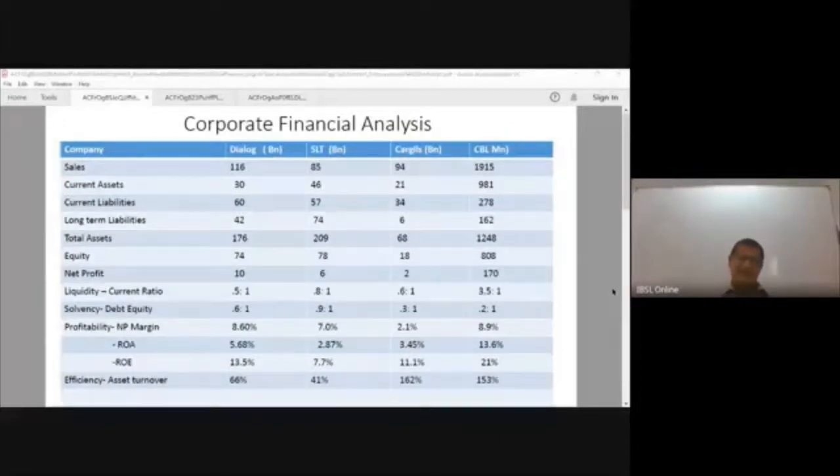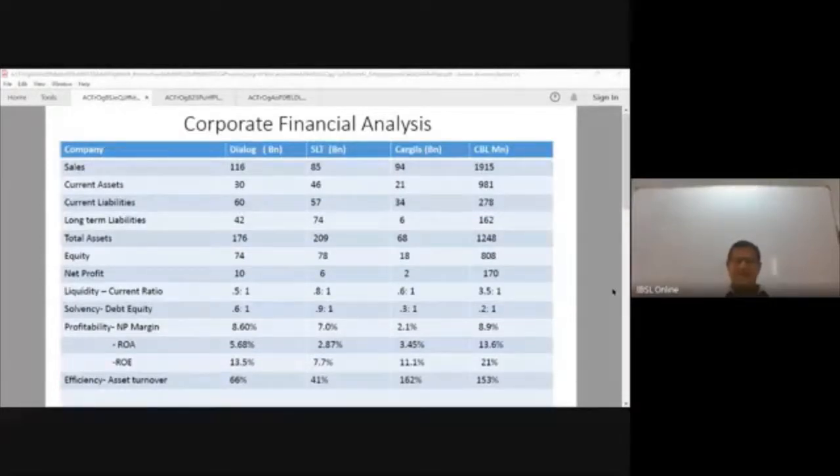Then we also looked at their current assets. I told you these companies' current assets mainly consist of cash holdings, debtors, and stocks. So you can see Dialog has 30, SLT 46, Cargill's 21, and 981 million for CBL.